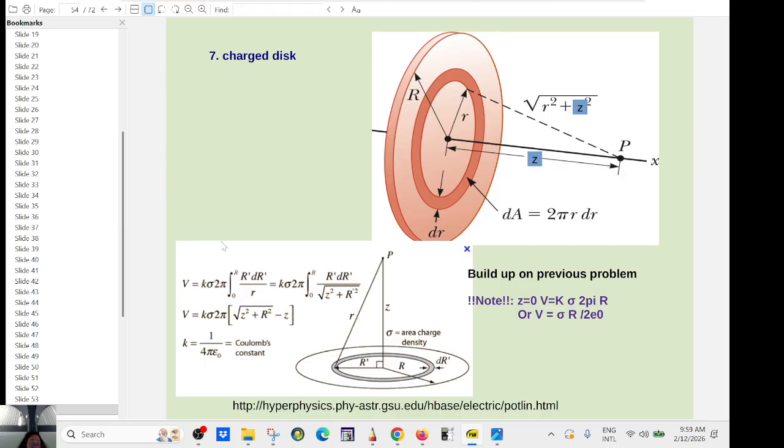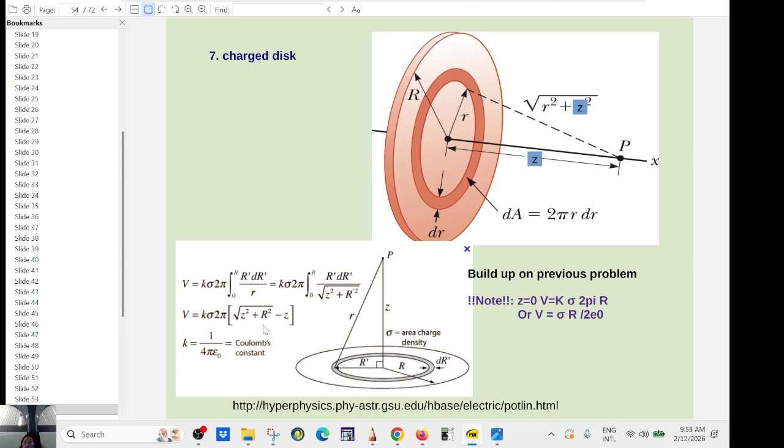Okay, and then you remember you had also the plate, the disc, and here you have all the steps, but you start with a ring here with a charge dq, and you go from here to there. You're going to scan through, and that's going to give you this answer here.